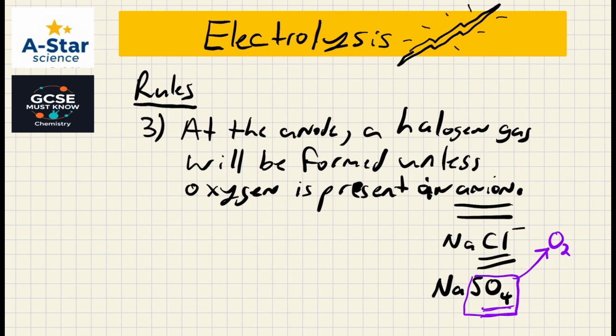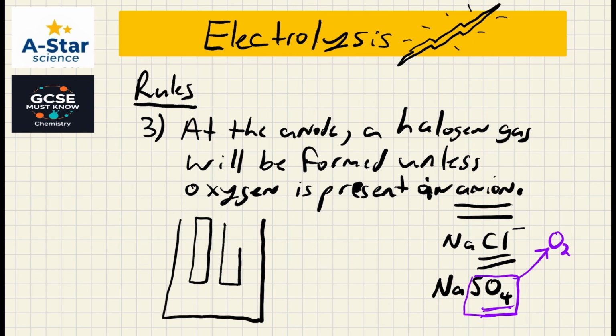So let's look at an example. We draw our quick setup again. We have our anode and our cathode. Our anode is the positively charged electrode. The cathode is the negatively charged electrode. We have a solution, and let's say that solution is sodium sulfate.